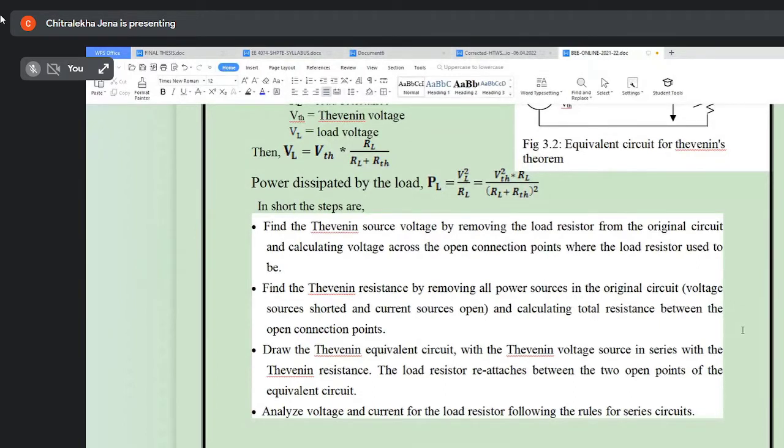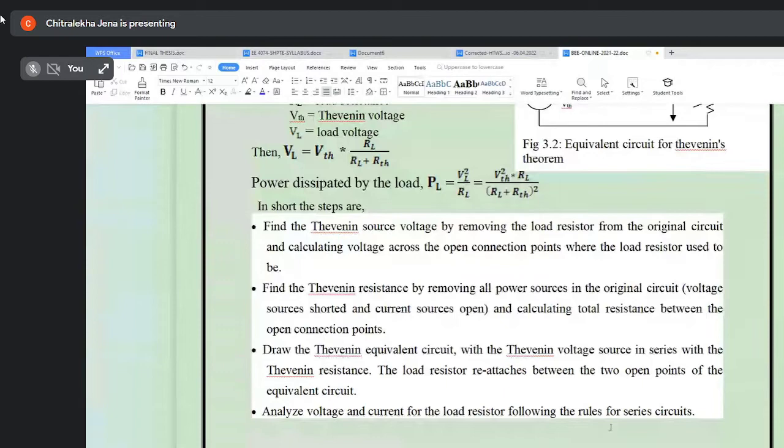Ma'am, to find VThevenin. Then the next step is to find RThevenin. Then the next step is to draw the Thevenin equivalent circuit, and then insert the resistance RL which you have removed in the first step. Then you use the formula.